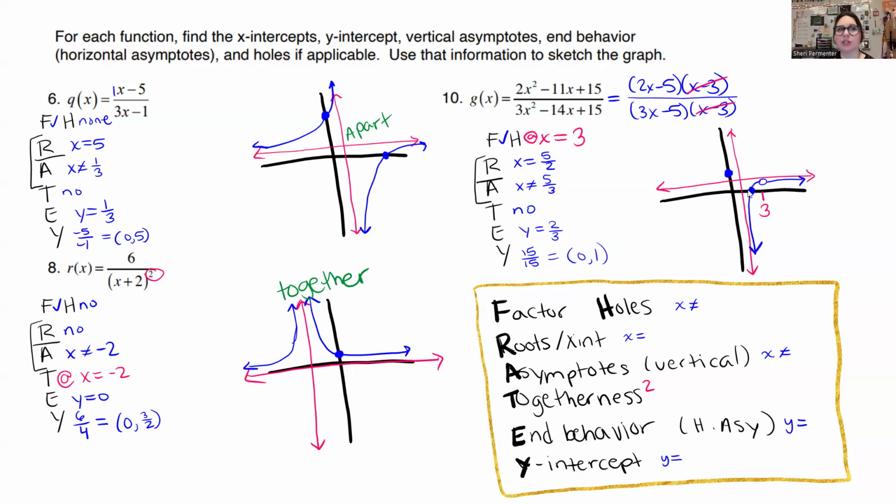My left branch, there's no togetherness, so it's going to have to hit this intercept and head up. And that will be my second branch. One asymptote, two branches. Beautiful. Sorry that was long, but we are done for today.